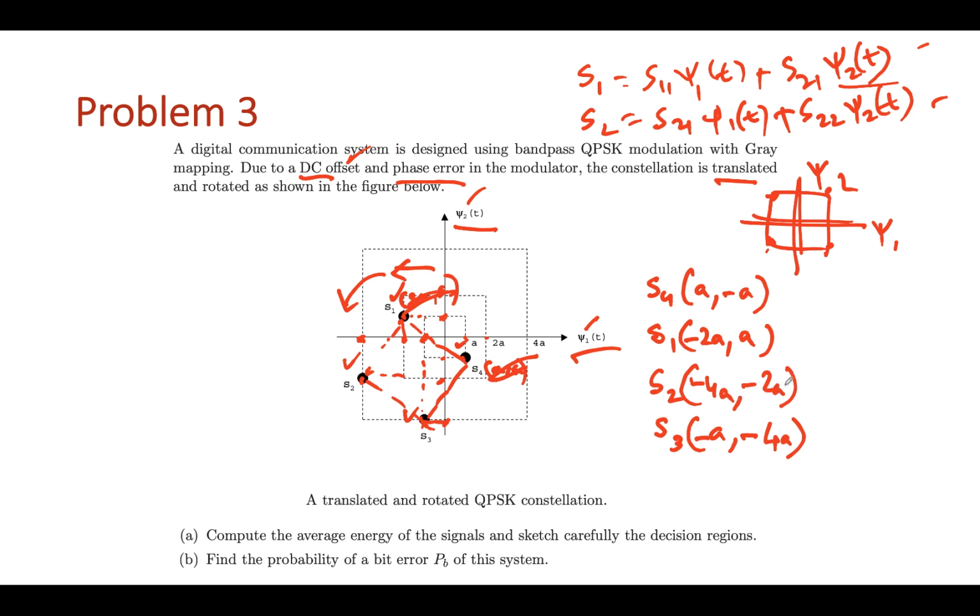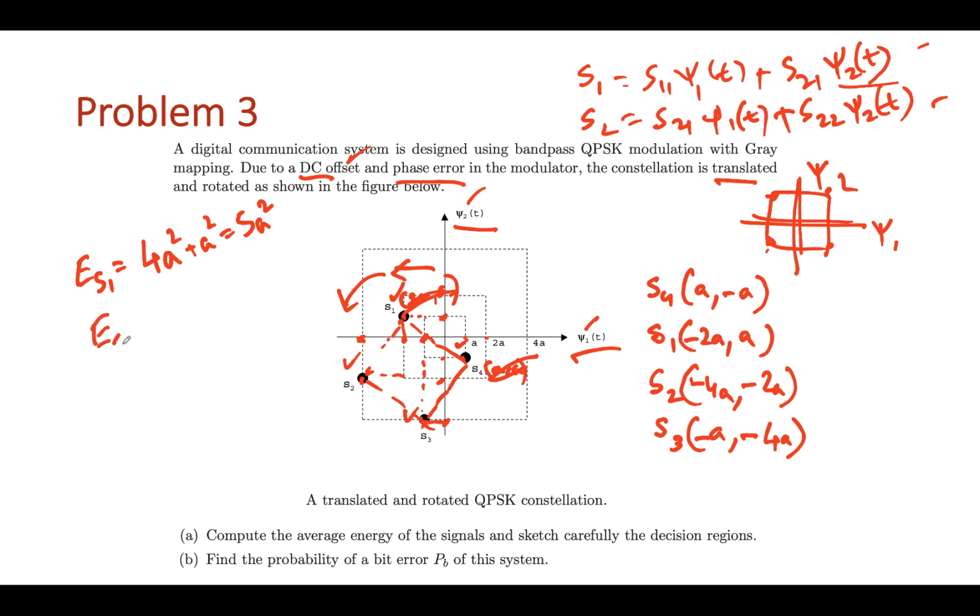Once we get this, we can find out their energies, right? Basically the distance square from the origin is the energy. For S1 it will be 4A square plus A square, that is 5A square.